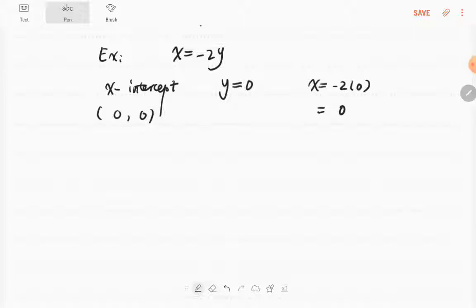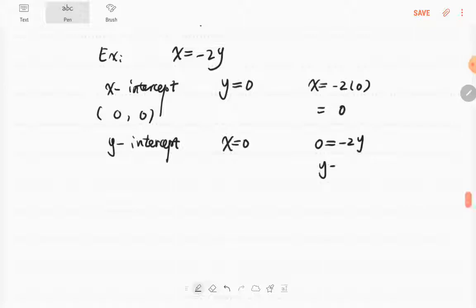So next step, we want to find the y-intercept, right? And of course, for any y-intercept, we need to set x equal to 0. Then the equation will be 0 equals -2y.